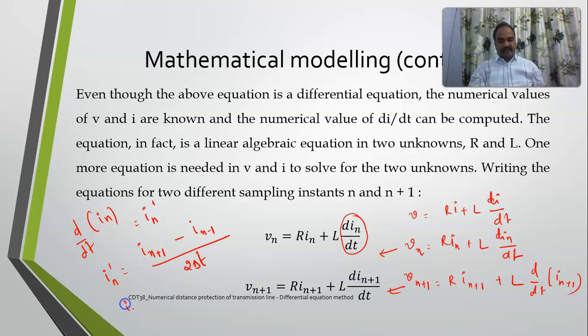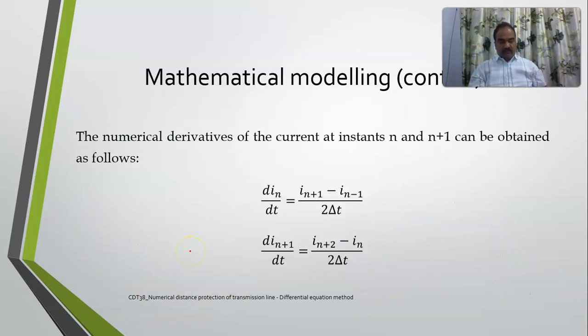If I take the n plus 1 sample, what it will be is i n plus 2 minus i n by 2 delta t. If I do have samples like this, this is n minus 1, this is n plus 1, this is n plus 2, this is n plus 3.